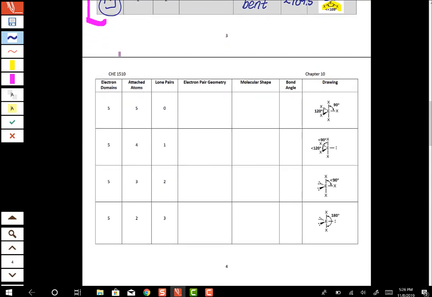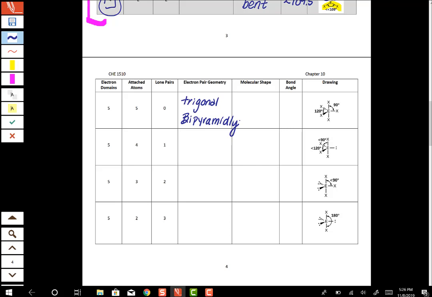So here is our 5 electron domain section. What we saw was that we made something that looked like a trigonal bipyramid. So we call this trigonal bipyramid or bipyramidal, whatever makes you happy.